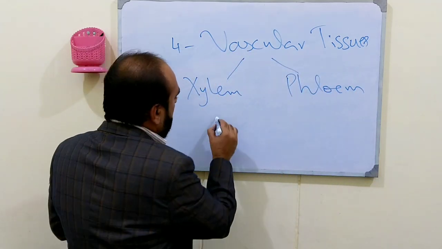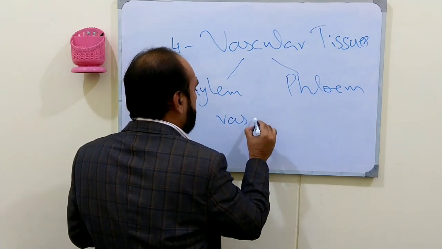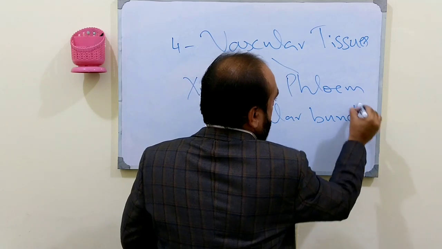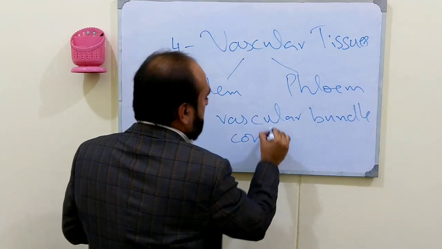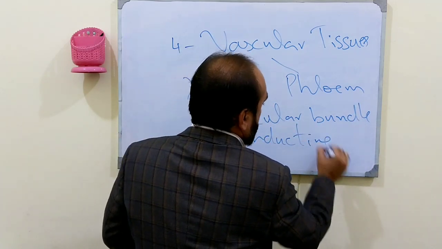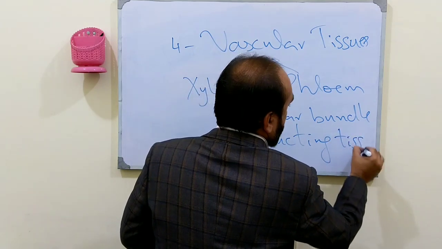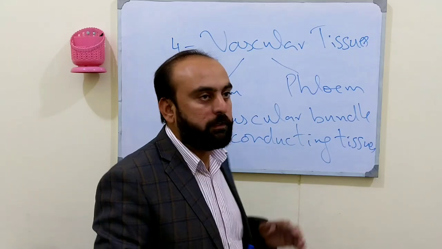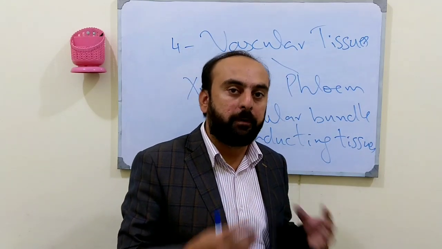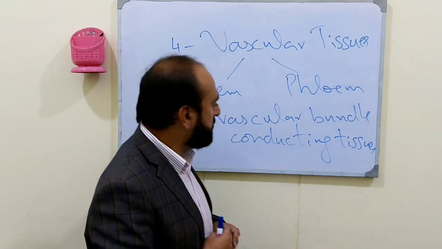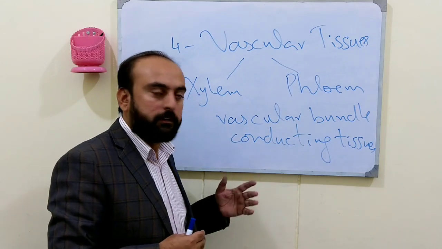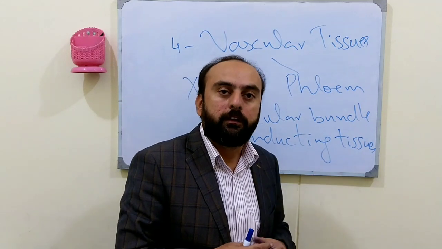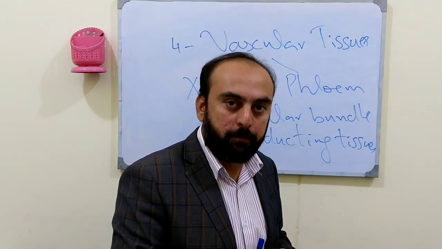Xylem and phloem are also called the vascular bundle or conducting tissues. So they form a tunnel-like system, or they make up the plumbing system of the plant, through which water, minerals, hormones, and food can move around and within the plant.